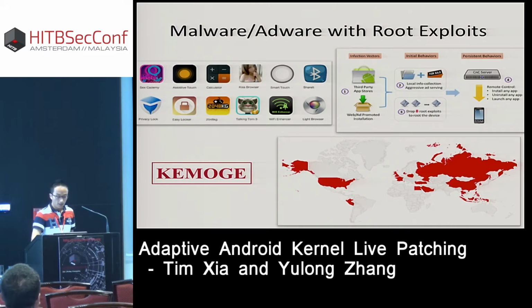By uploading this fake app to third-party app stores, the attacker tries to root the victim's phone using 8 publicly known root exploits. After gaining root, the attacker tries to remotely control the devices. From the infection map, you can see it's infected worldwide.